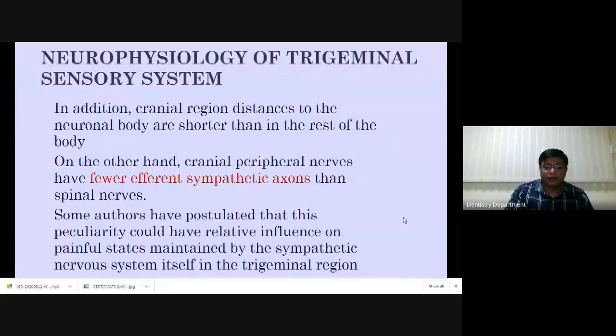That is a painful, dull, aching pain. We are not able to locate it most of the time; people used to say, no, I have pain on one side of the face, but they may not locate that particular pain. That may be attributed to the fewer efferent sympathetic axons in the trigeminal nerve. So this is about the recent developments in the neurophysiology of the trigeminal sensory system.